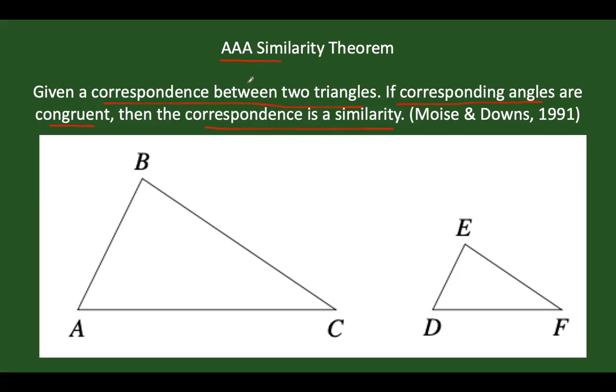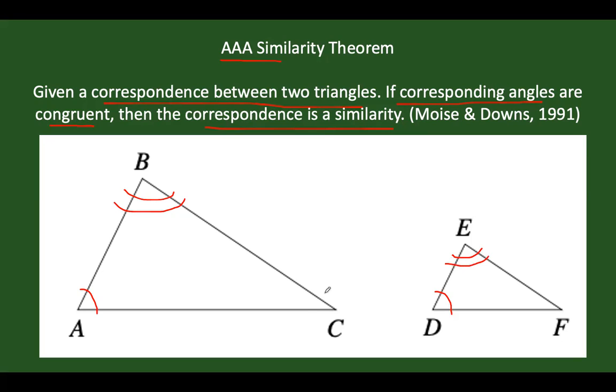All right. So let's use this figure to illustrate the angle-angle-angle similarity theorem. If we observe the two figures, these two triangles have the same shape. Let's assume that angle A corresponds to angle D, and let's say they are congruent. Also, angle B corresponds to angle E, and let's say that they are congruent.